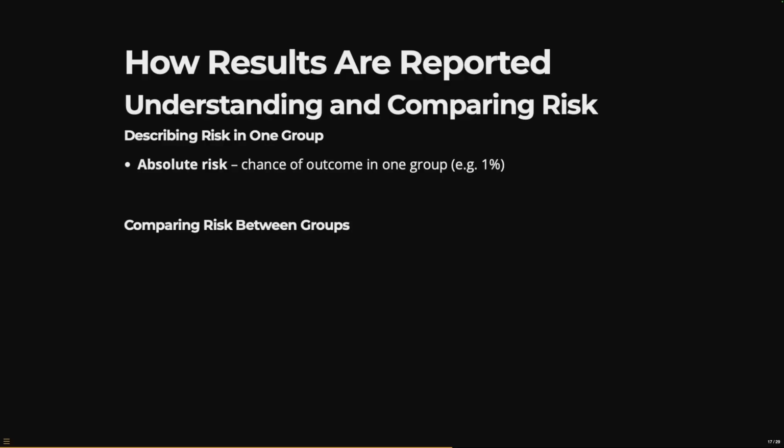So you can say just your absolute risk, that's just not related to anything else. It's just a type of prevalence almost. So you're saying the chance in this one group that you have a disease is 1%, because in the study they counted it up and they saw that 1% of the people had this disease.